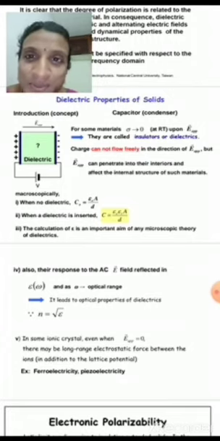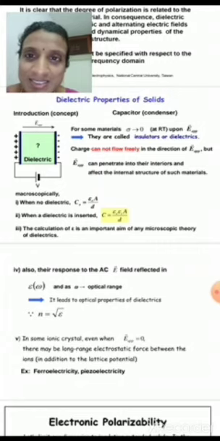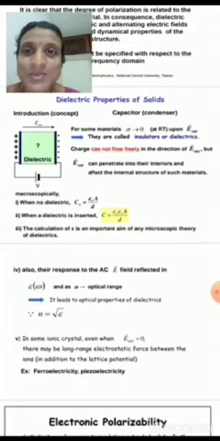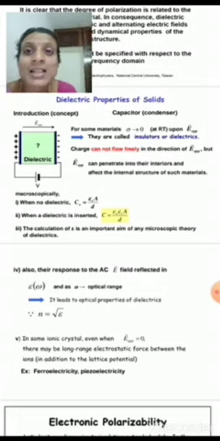The purpose of using this dielectric material is that it acts as an insulator between the plates. Capacitors are electrical devices used to store charge, and in capacitors we use dielectric materials between the parallel plates.